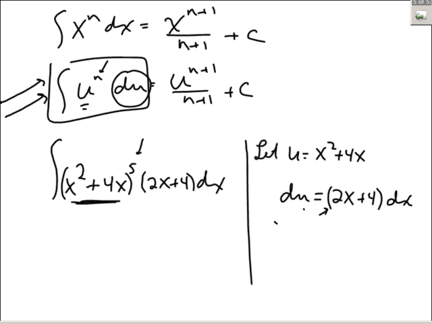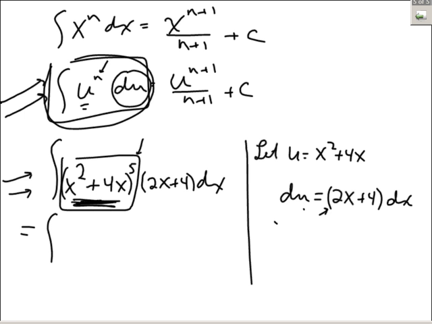Okay, well, let's see if we can write this integral in this form. Well, if this is u, then this will be u to the fifth. If u is just x squared plus 4x, then it's u. It is what it is. And the power, the exponent, is 5.